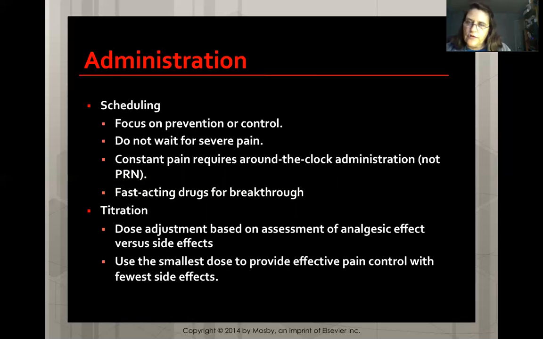If it's an acute pain management problem, we expect titration to be faster. If it's a chronic pain, titration will be a little bit less. We use the smallest dose to provide effective pain control with the fewest side effects.